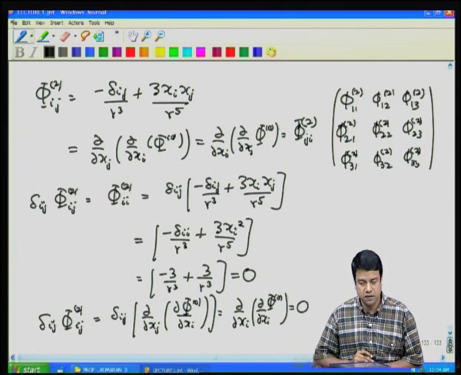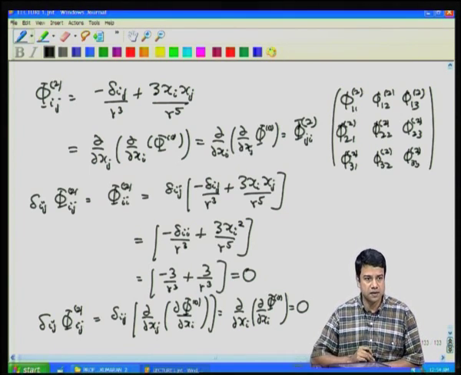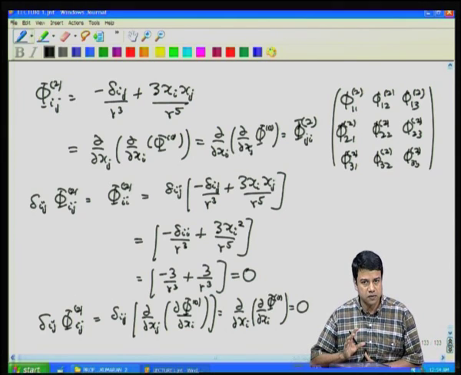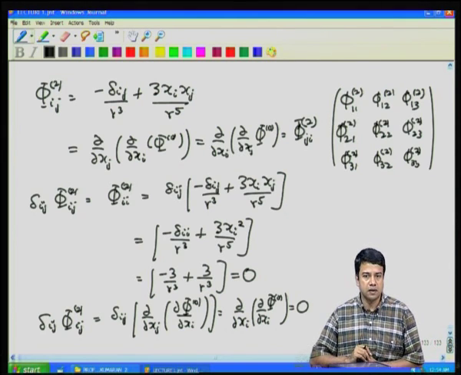It is also traceless, that means the sum of the 3 diagonals has to be equal to 0. So, there is a total of 5 independent components in this second order symmetric traceless matrix.